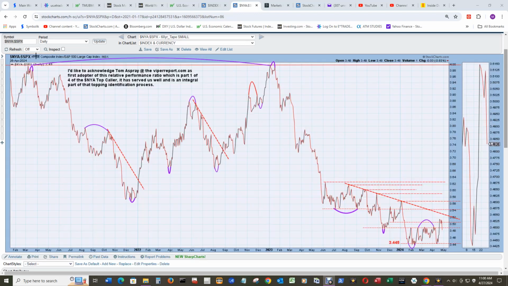And the NYA to SPX relative performance ratio. Last time we looked at this, I was amazed that it blasted through these two horizontal resistance lines, and we could put a purple arc here. They're just too narrow.